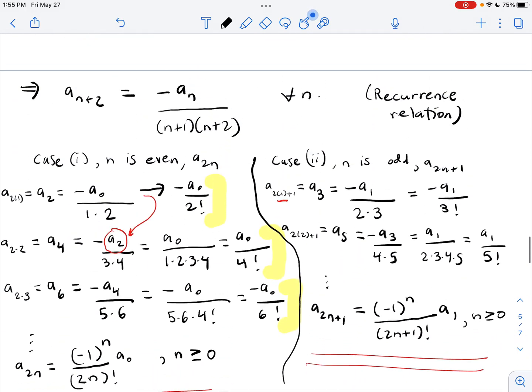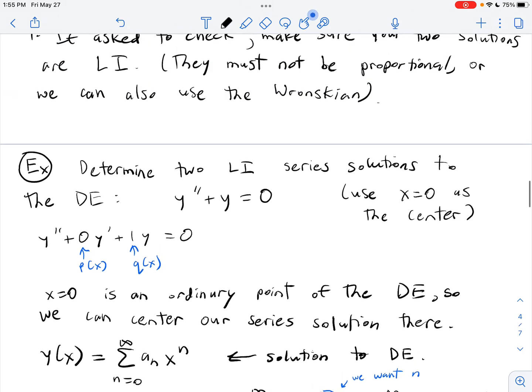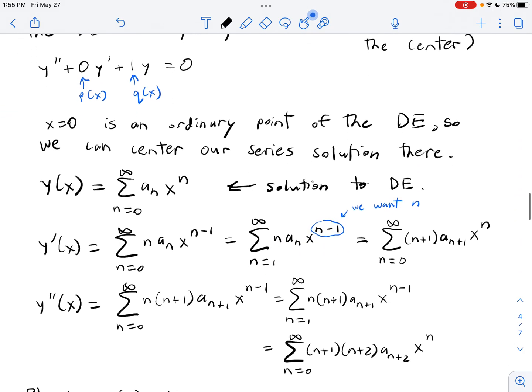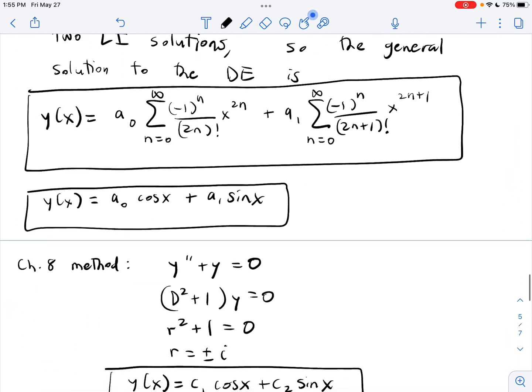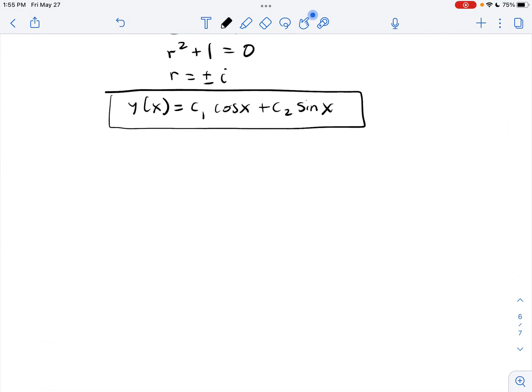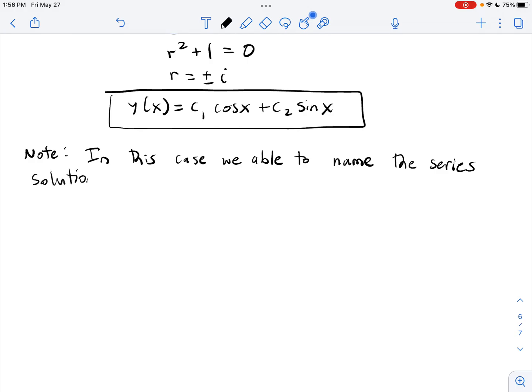Okay. So this is our method for how we use series to solve equations. I want to give some notes here, because we are going to do some more examples. So note, in this case, we were able to name the series solutions using familiar functions.